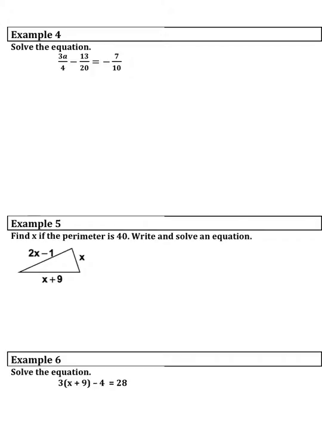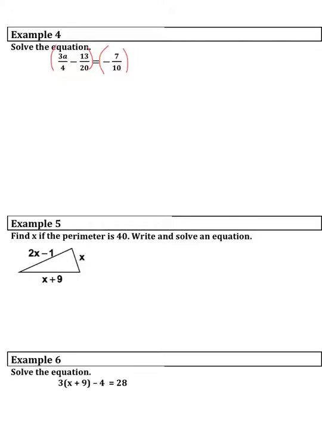I want to show you another way, a new way to solve this equation so that you don't have to work with the fractions. Instead, you actually can get rid of them. Remember, guys, with an equation, whatever you do to one side, you must do to the other. As long as you always do that, though, your equation is remaining equal.